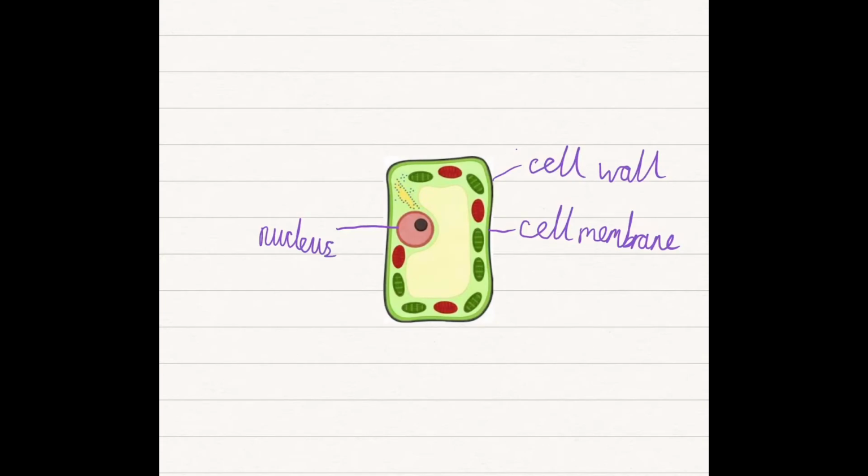Then there's this cytoplasm, which is the light blue liquid inside the cell. Then there's the chloroplasts, which are the dark green ovals. Then there's the mitochondria, which are the red round ovals.